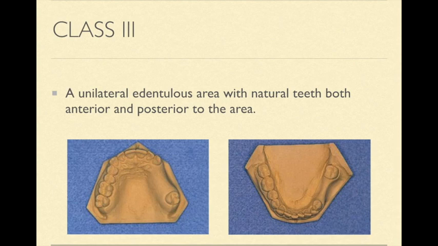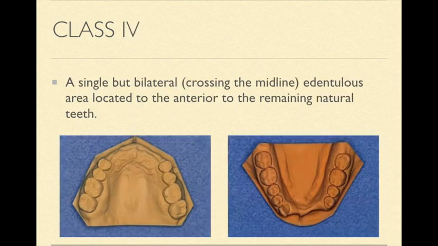However, if we have an edentulous area with natural teeth both anterior and posterior to that area, we will call it class 3. If a single edentulous area is located anterior to the remaining natural teeth and crosses the midline, we will call it class 4. So class 3 and class 4 just depend on whether the edentulous area crosses the midline. If it crosses the midline, it will be called class 4. If it does not, it will be called class 3.